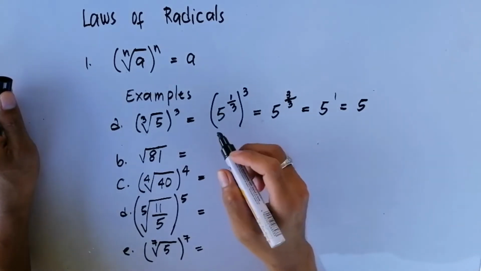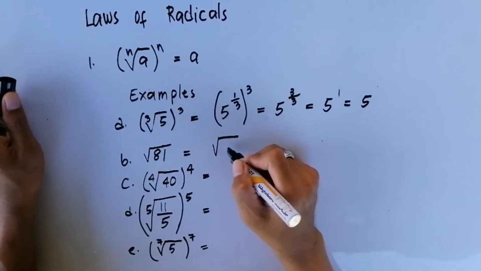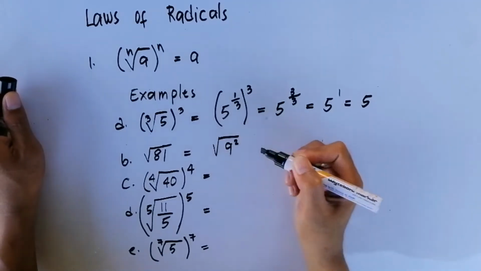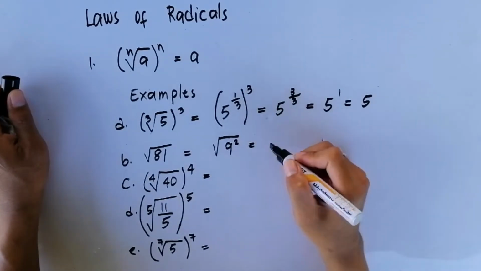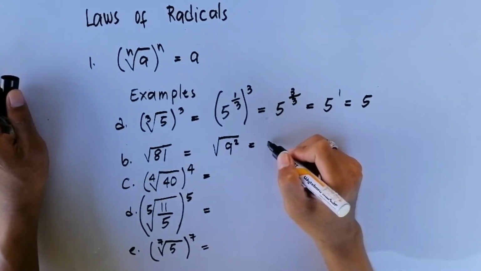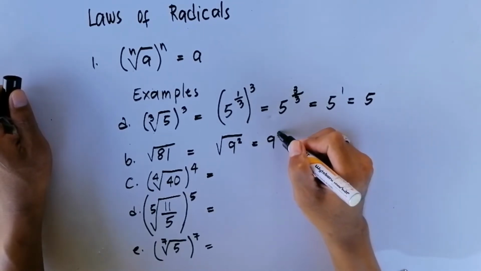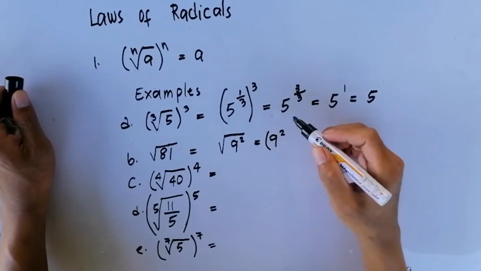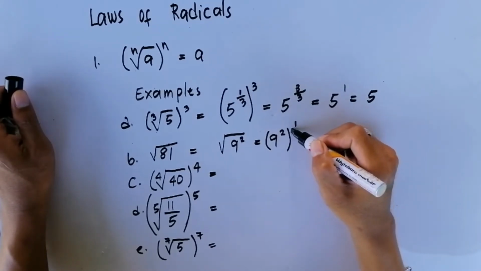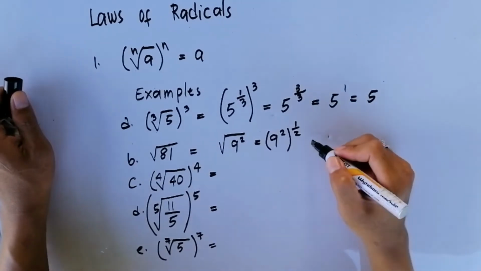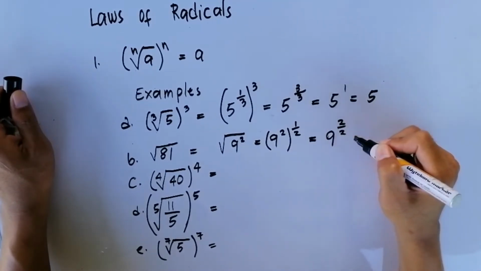For B, the square root of 81. So that is the square root of 9 squared, equal to 9 squared raised to 1/2, equals 9 raised to 2 over 2.